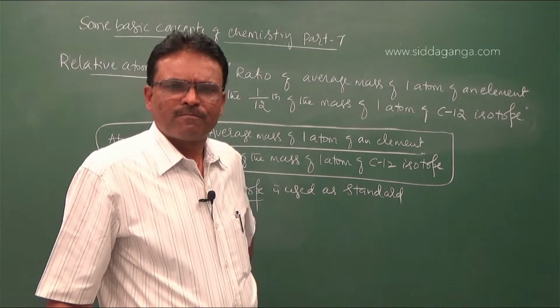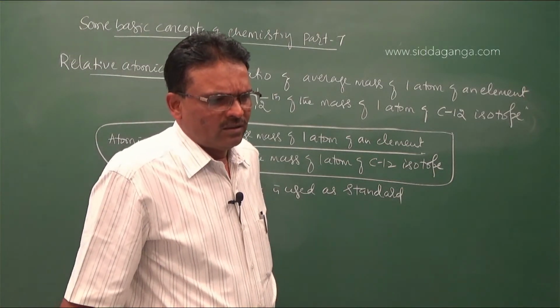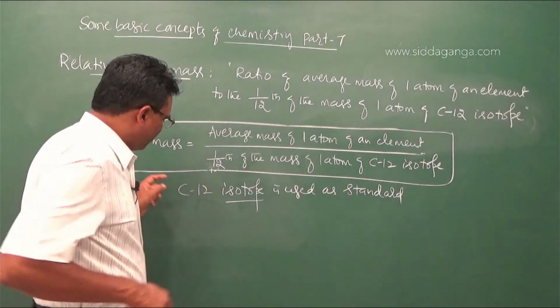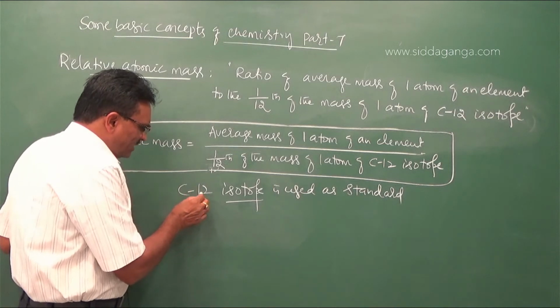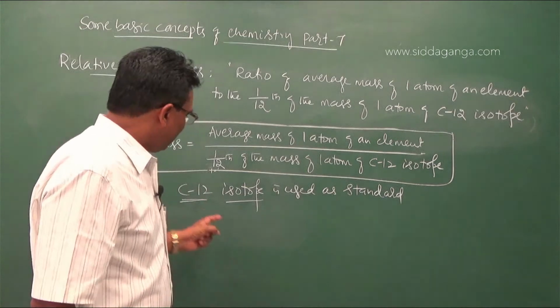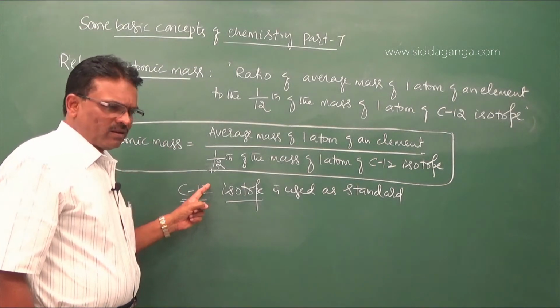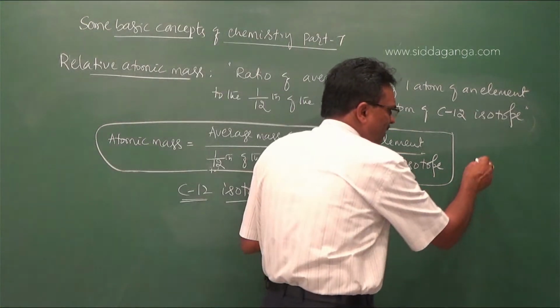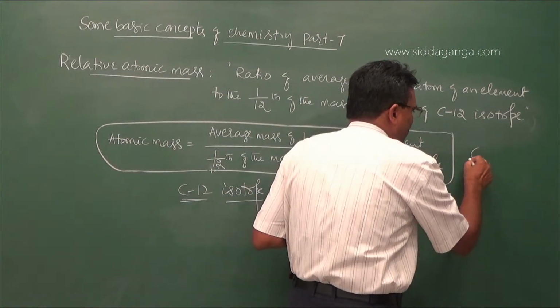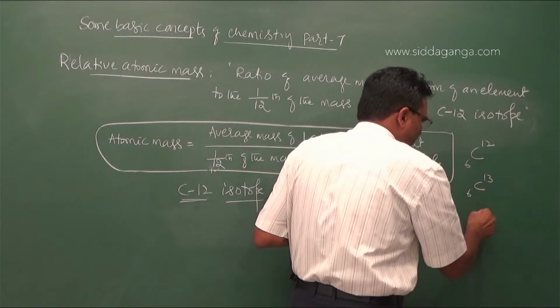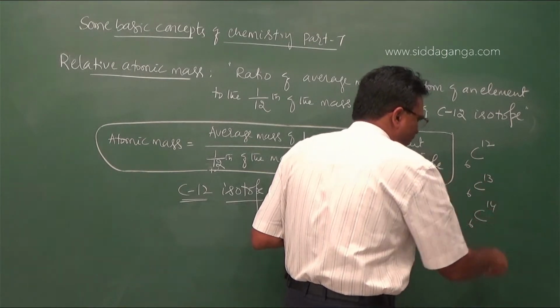Isotopes means carbon 12, so this is one of the isotopes of carbon. So this 12 is the atomic mass. So carbon 12 means, we know that carbon 6 12, carbon 6 13, carbon 6 14.